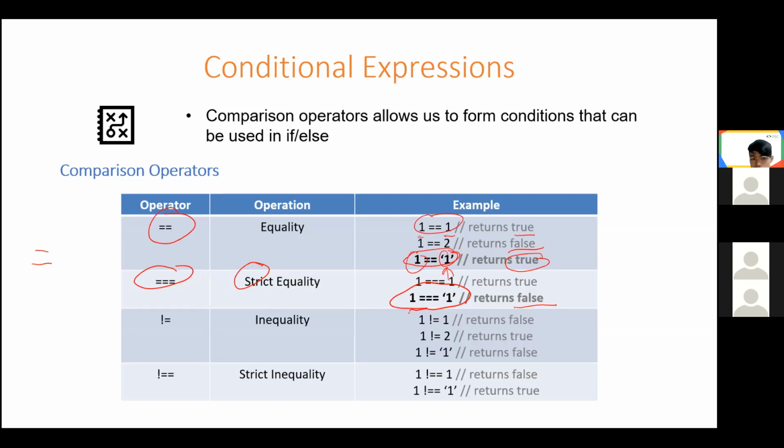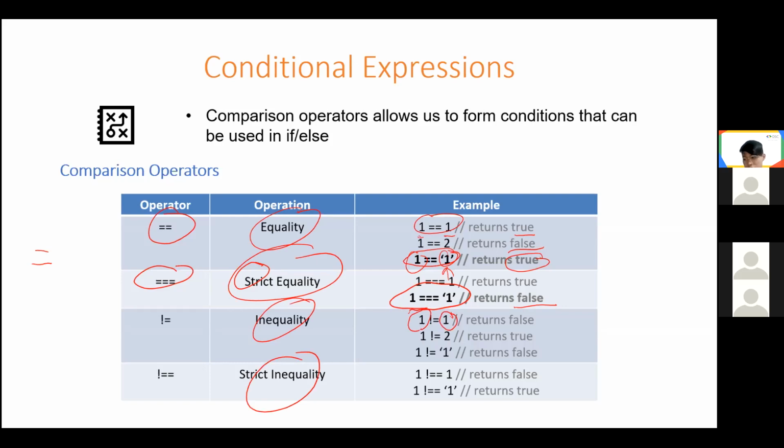The next two are inequality. They're basically the same thing. The first two are testing whether they are equal. Inequality is testing whether they are not equal, so it's the inverse. Over here, you're testing if the value 1 is not equal to the value 1.